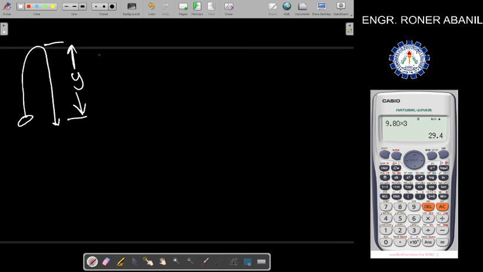So, pwede kong gamitin yung formula dito na v squared equals v0 squared plus 2ay, para mahanap natin yung y.